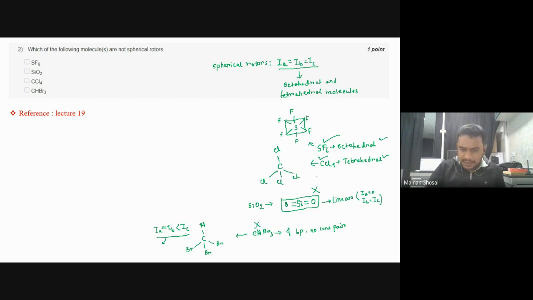But I have also mentioned when this condition arises, or what the molecule should be if two axes are equal, which is less than another axis. Okay, I'm just going back.